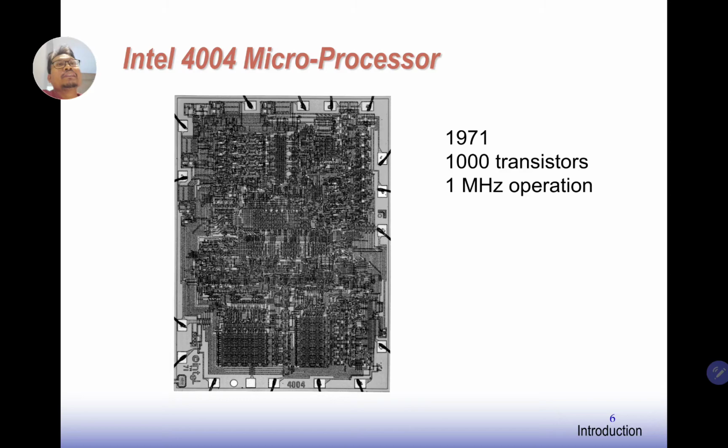In 1971, 10 years after, you have the first Intel microprocessor with 1,000 transistors that could fit basically in your hand. So previously one hand, one transistor, and then it gets smaller and smaller. In 1971, you have 1,000 transistors in your hand working at 1 megahertz operation.